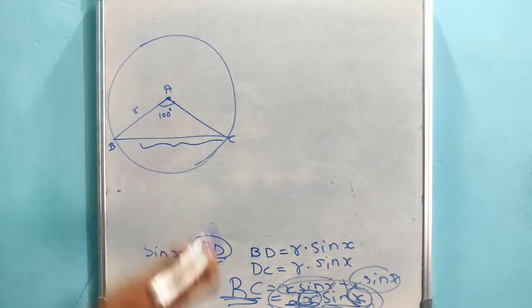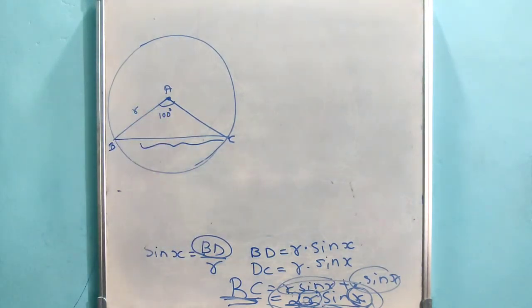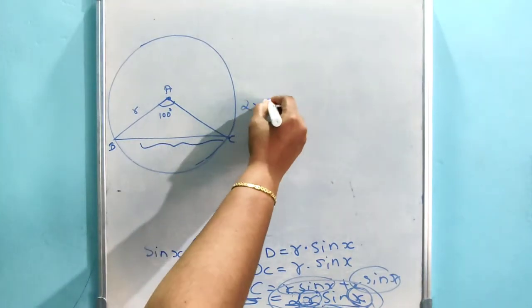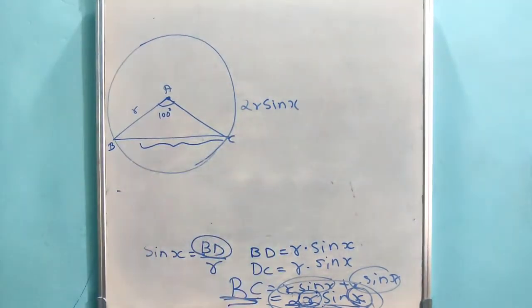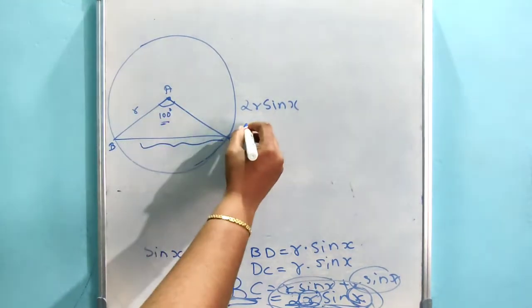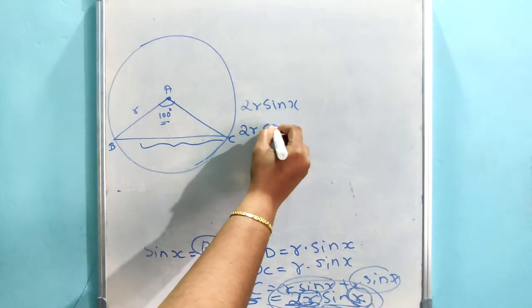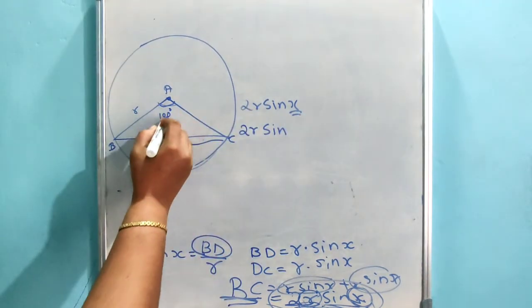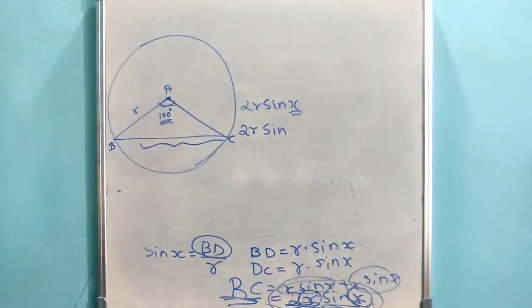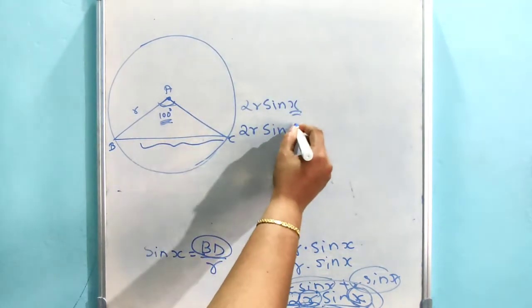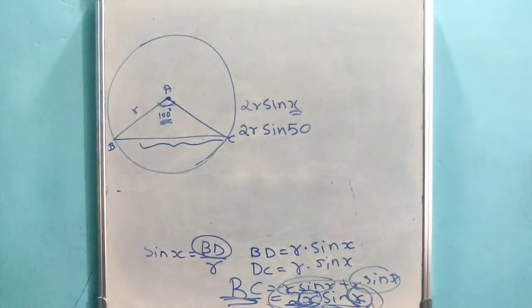So BC is equal to 2R sin x, where x is half of the central angle. Keep in mind, half of the central angle. Here the central angle is 100, so its half is 50, so that is equal to 2R sin 50.